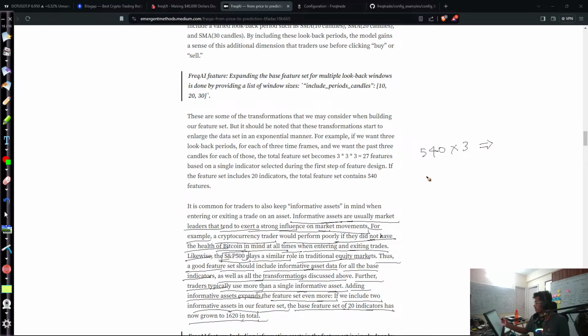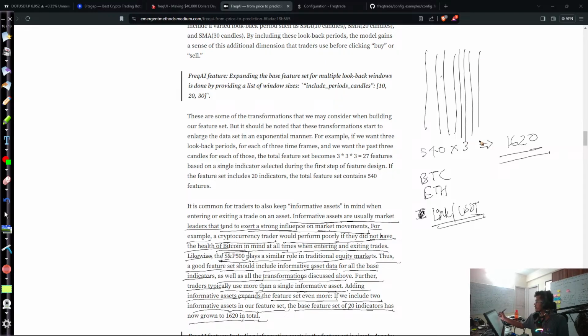For three informative pairs, we already have Ethereum, Bitcoin, and then suppose we want to do it for Link, the LINK/USDT. So combining that, this much feature we got. This many columns we have in our data frame, around 1620 columns.